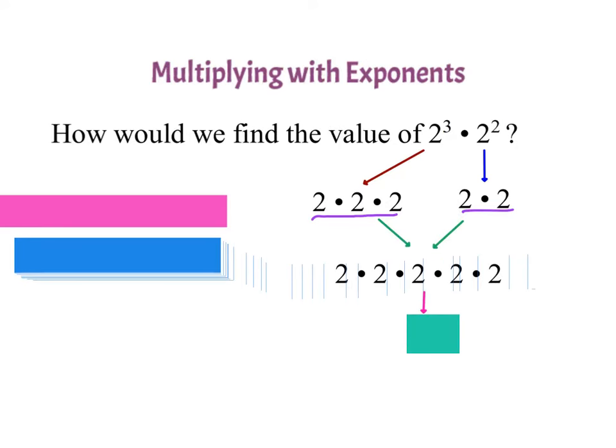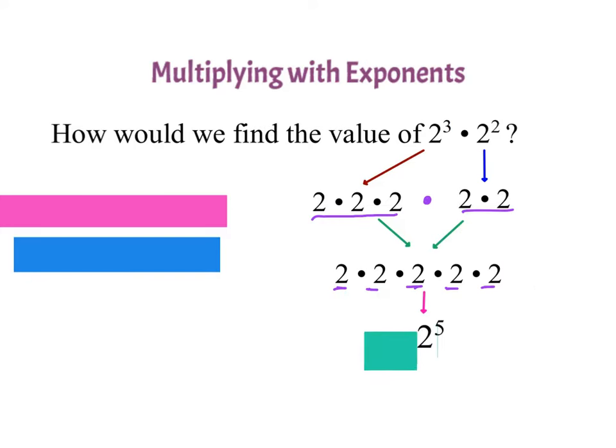If I combine those, and again, I'm multiplying all of these, I have 2 times 2 times 2 times 2 times 2. I can simplify that and rewrite that as 2 to the fifth power, because I have 1, 2, 3, 4, 5.